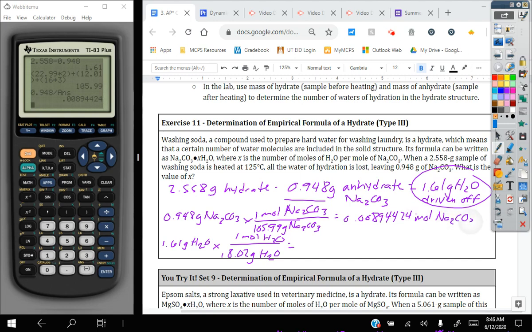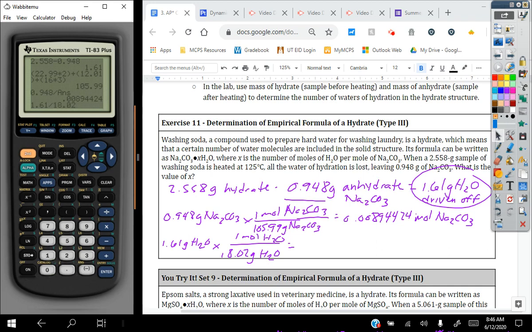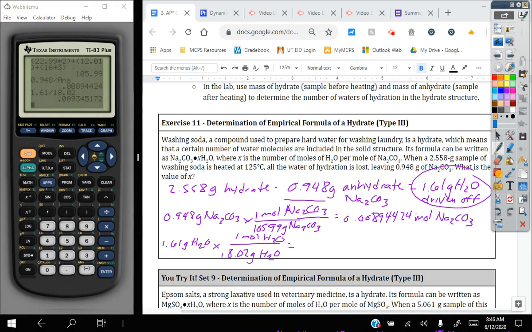And I'm not going to cut those off yet because I want to use as close to exact numbers as possible. 1.61 divided by 18.02 tells me I have 0.089345172 moles of H2O.